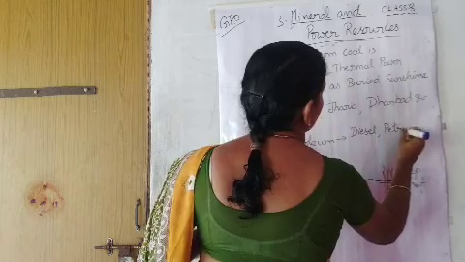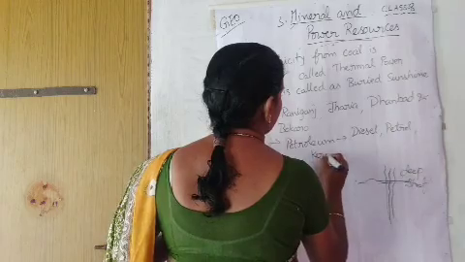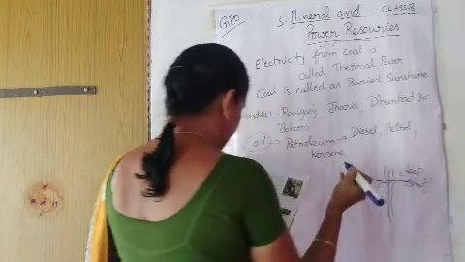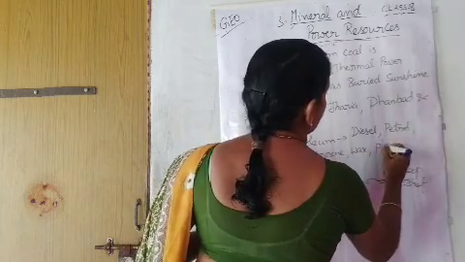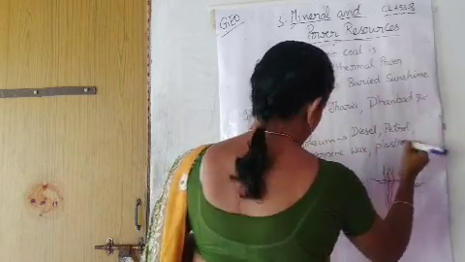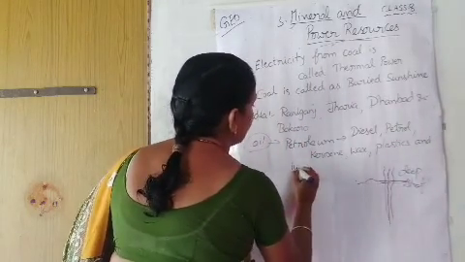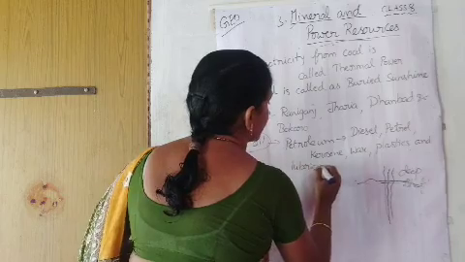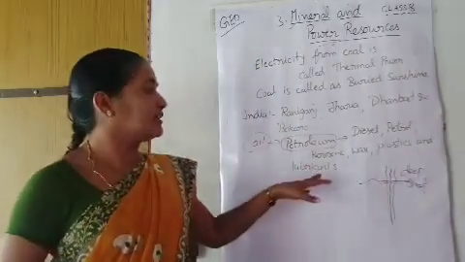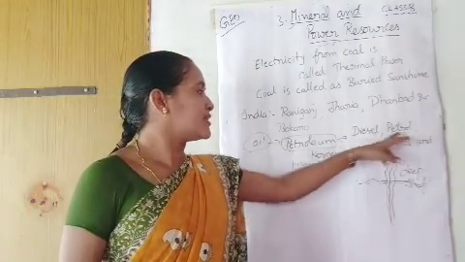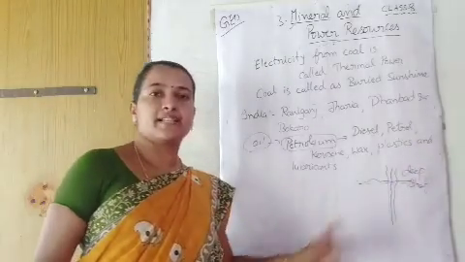Diesel, petrol, kerosene, wax, plastics and lubricants. All these are made from petroleum only. What are the products? Diesel, petrol, kerosene, wax, plastics and lubricants.